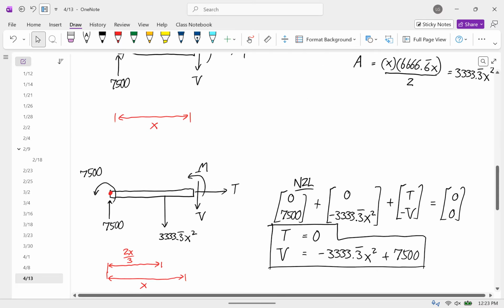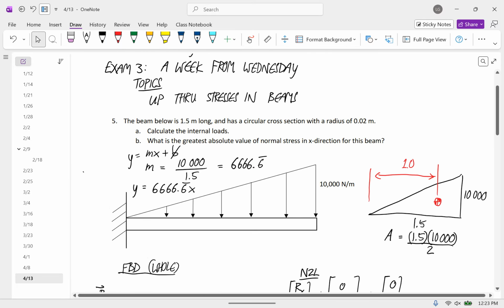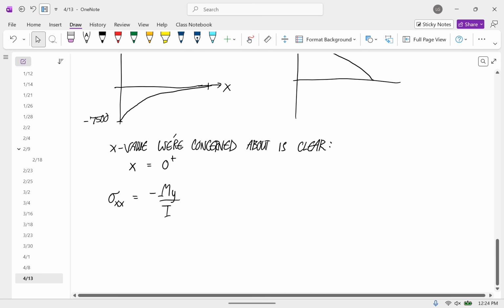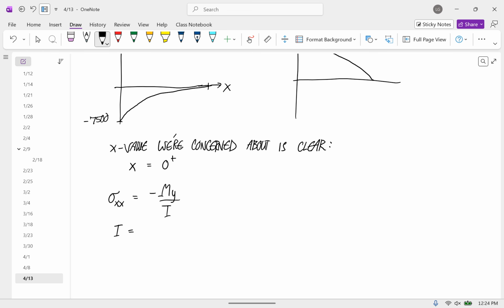We're told that this is a circular cross-section with a radius of 0.02. So I is equal to, so is this pi over 4 times the radius to the 4th? Is that right?